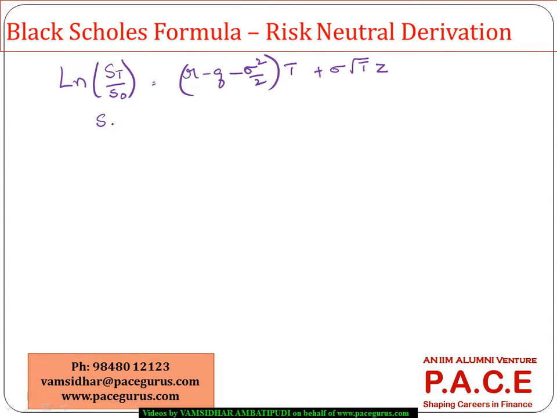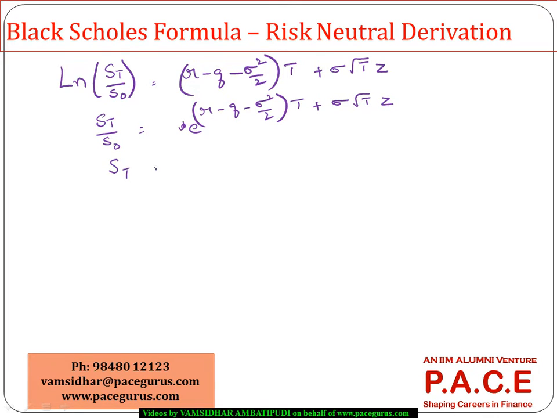I'll take out the log. ST by S0 will become e to the power of r minus q minus sigma squared by 2 times T plus sigma root T times Z.